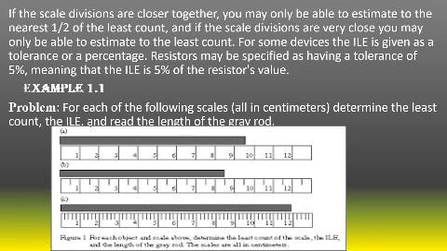So the length of the rod for A is 9.6, and that's all that least count, instrument limit of error, and length of the rod simply entail.